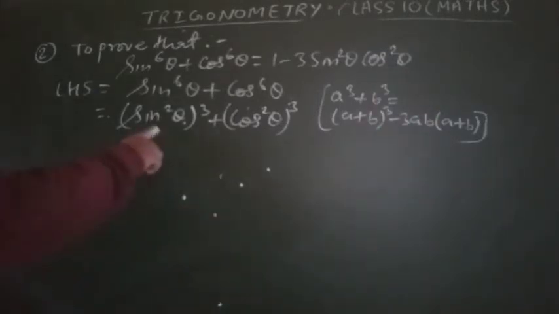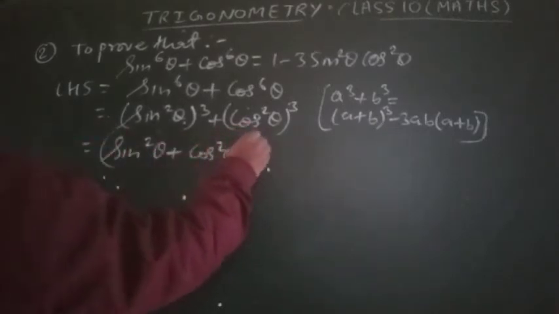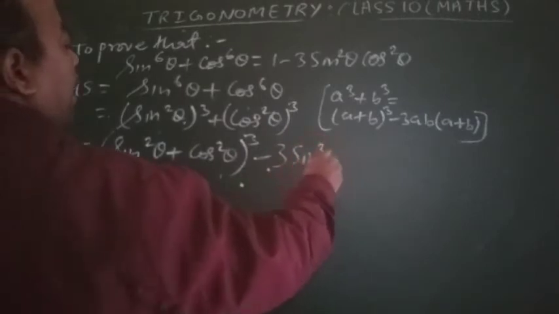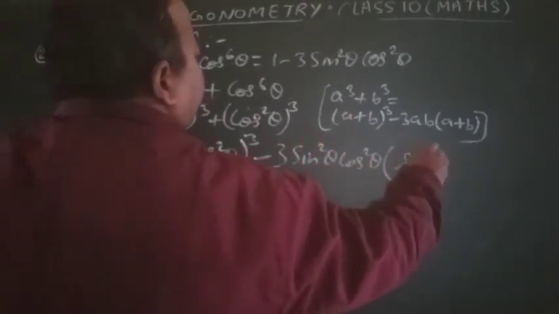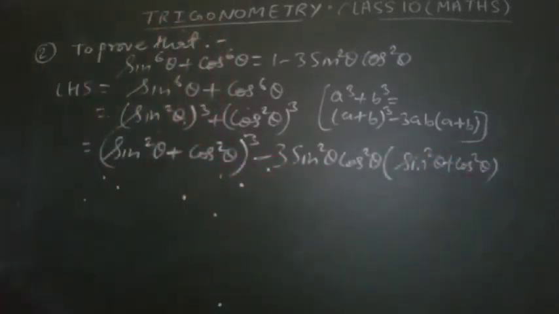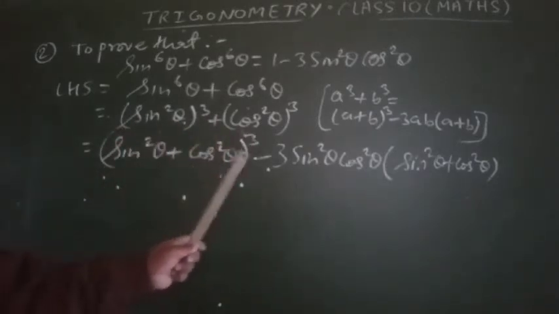Now it is a and it is b. Put them in: (a plus b) whole cube minus 3ab times (a plus b).